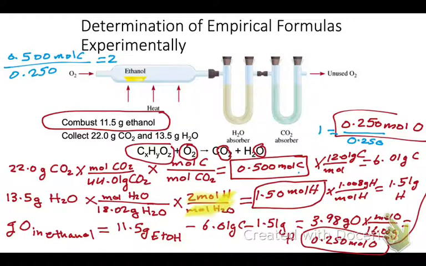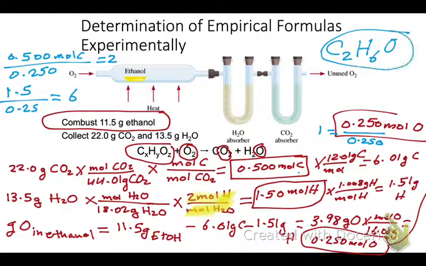And for hydrogen, if I divide 1.5 over 0.25, then that's equal 6. So now I'm done. For carbon, I have 2. They are all integers, right? They are all whole numbers. For hydrogen, I have 6. And for oxygen, I have 1. And that is the empirical formula of ethanol, that it was calculated experimentally.